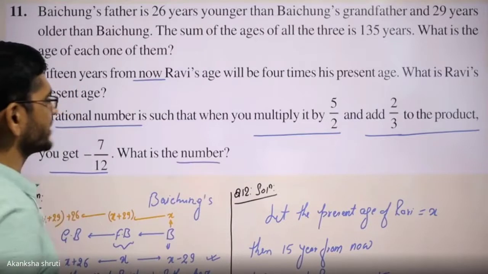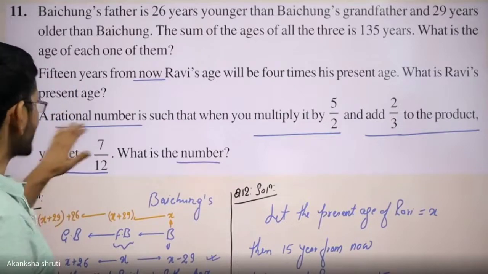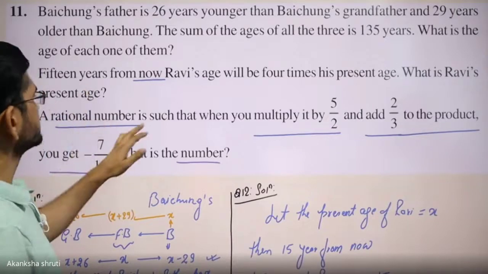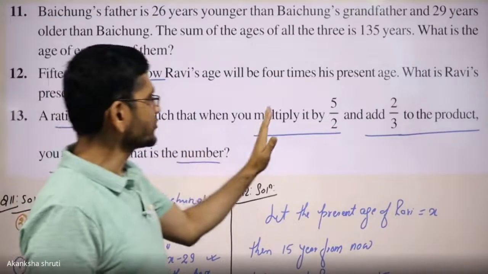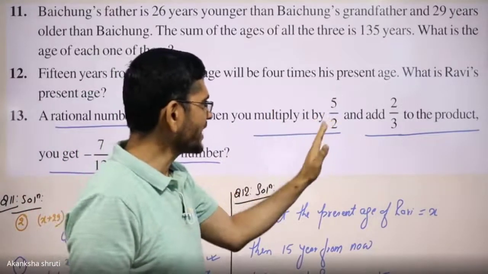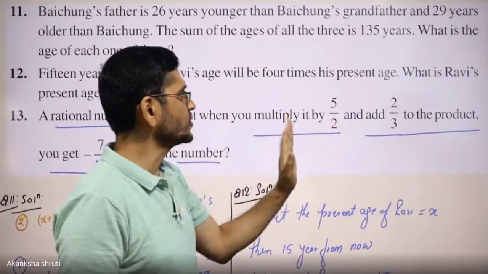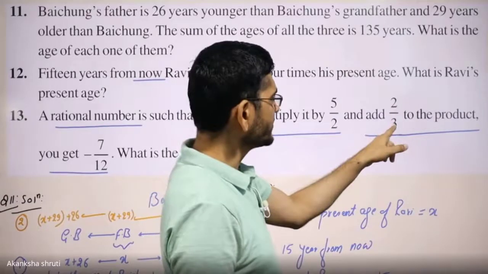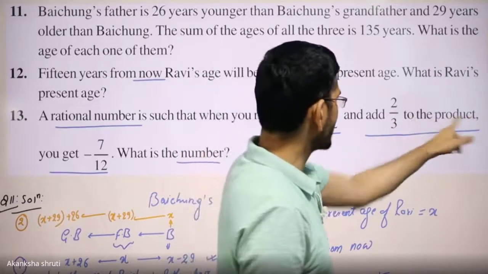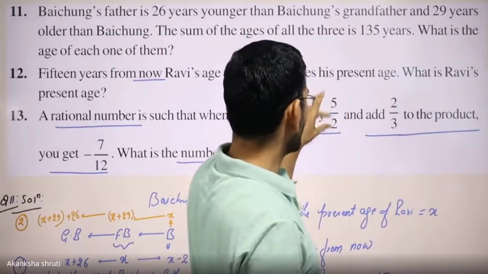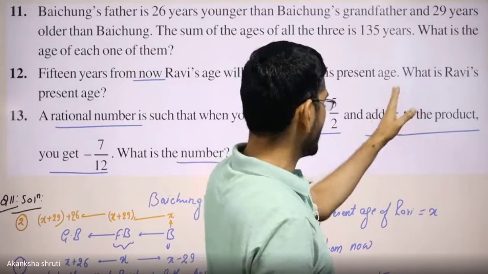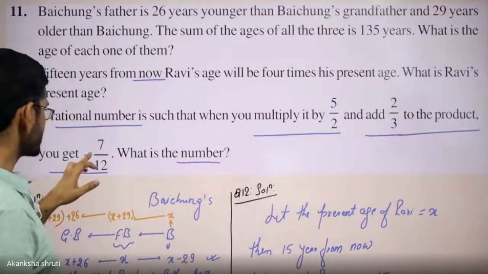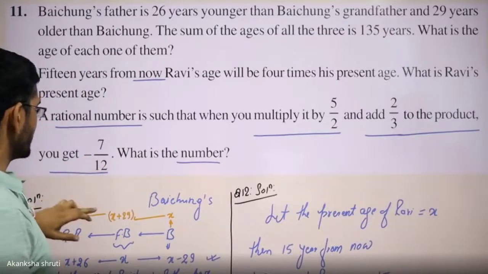So a rational number you assume as X, then you multiply that X by 5 by 2, it becomes 5 by 2 X. Then you add 2 by 3 to the product, you will get minus 7 by 12.